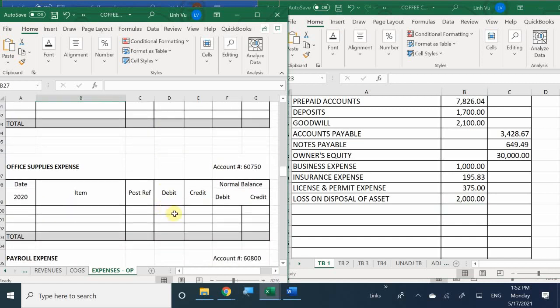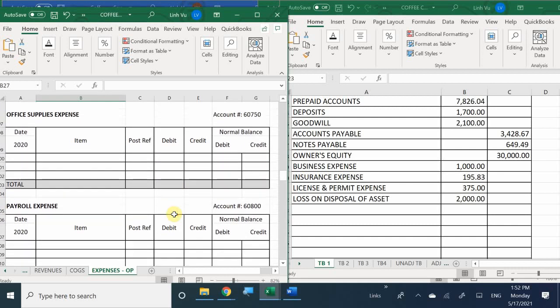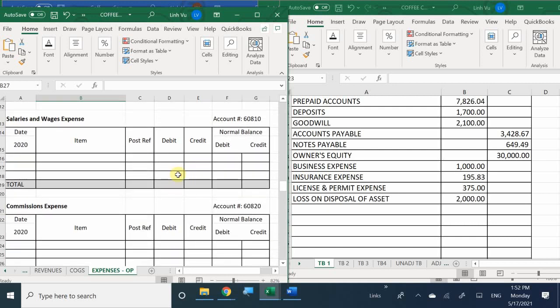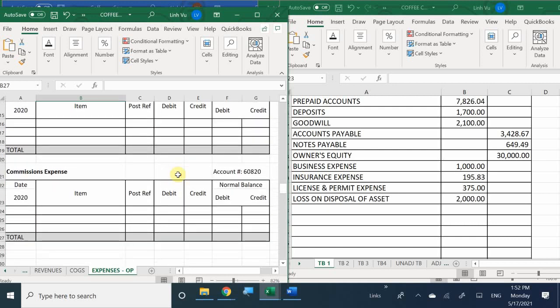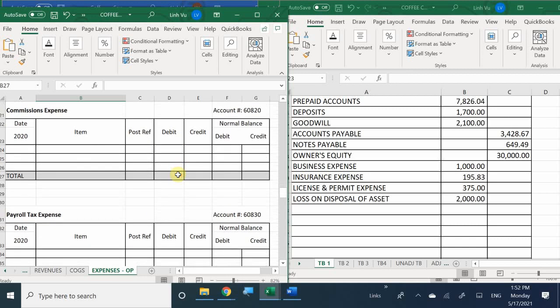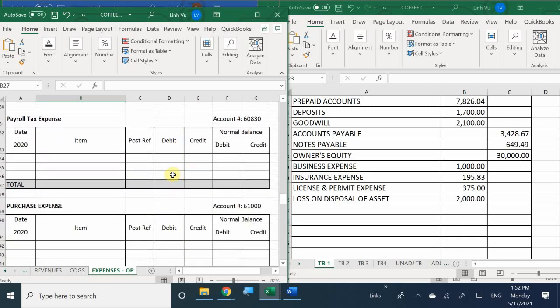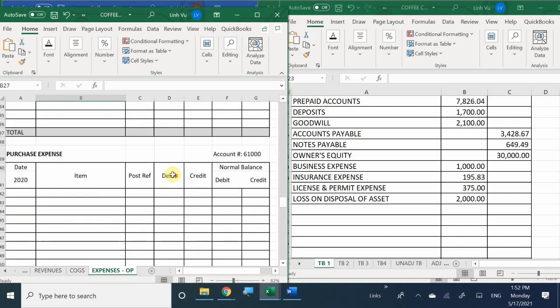We don't have any office supplies, so you wouldn't have any office supplies expense. We don't have employees yet, so our payroll liabilities, which includes our salary, wages payable, our payroll taxes are not there.